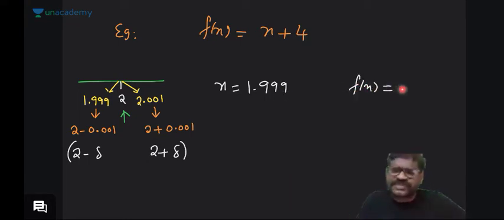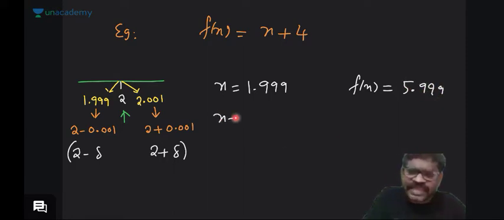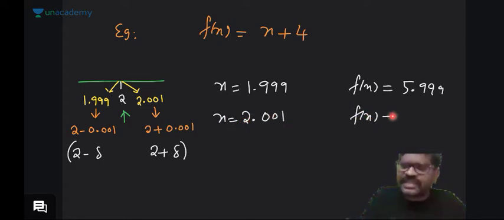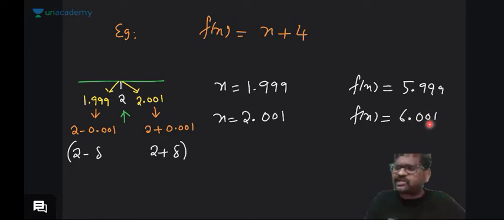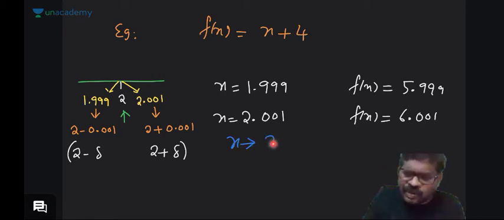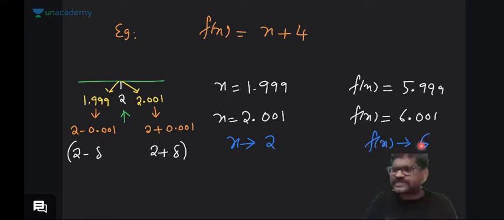When f of x is x plus 4, when x is 1.999, f of x is 5.999. When x is 2.001, f of x is 6.001. When x is closer to 2, f of x is closer to 6.